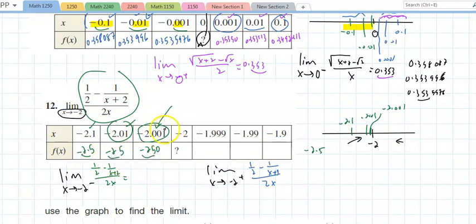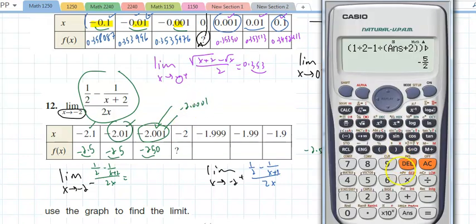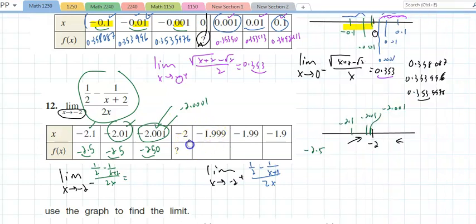If you're not sure, pick a number closer. How about negative 2.0001? If I take negative 2.0001, I'm getting negative 2500. Can you guess what this is approaching? It looks like it's approaching negative infinity. How about the one from the right?